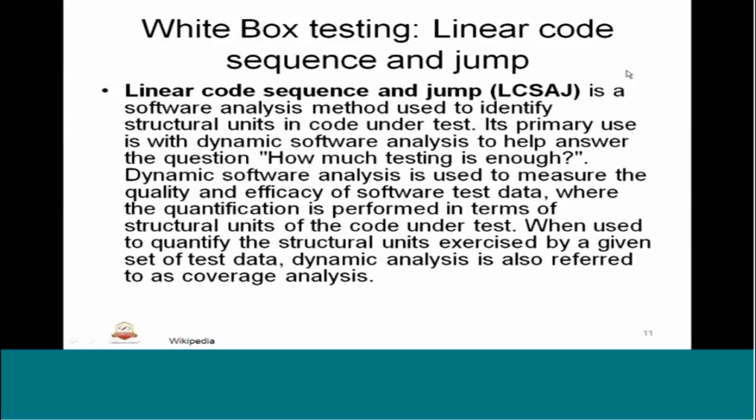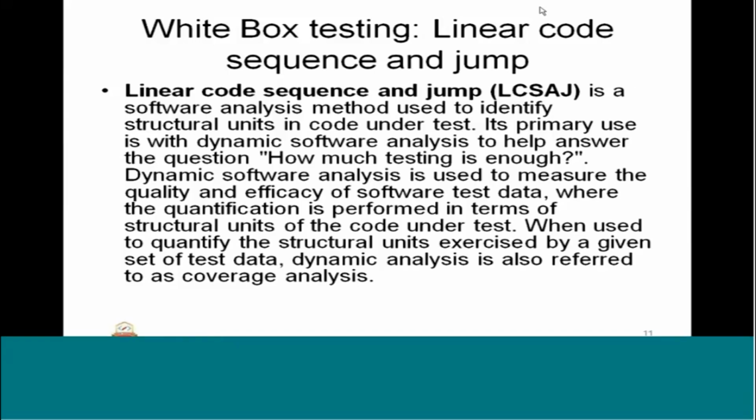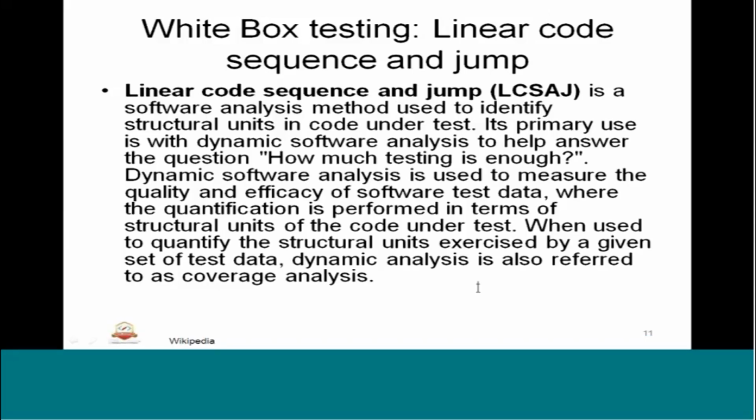Suppose we have a function with blocks numbered 1, 2, up to n. I'm just mentioning with numbers. This many function blocks or executable segments are there in the function.